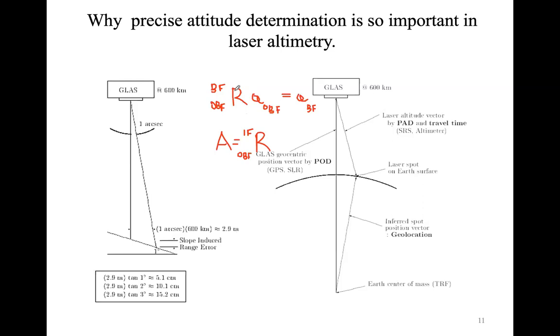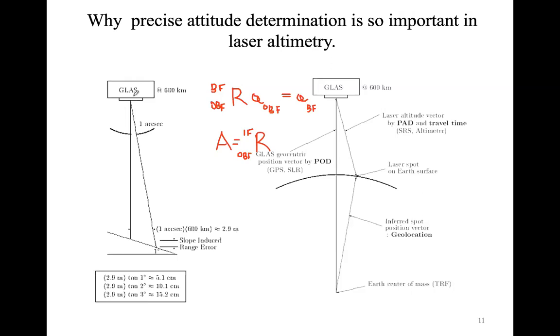So now, let's use the example of the ISAT spacecraft, in which we have a laser altimeter. Why do we need to know this attitude matrix with a very high accuracy? Because the scientific task of that instrument really depends on the accurate knowledge of the orientation of the platform.